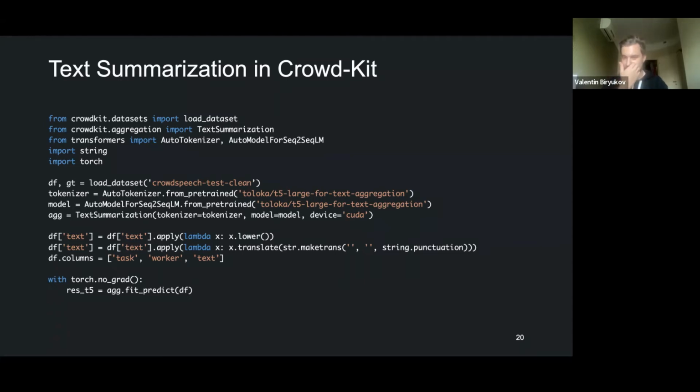For instance, this is the code for text aggregation using the T5 model on the CrowdSpeech dataset. It's a crowdsourced dataset with transcription information in several languages. We aggregate this data just by applying the T5 transformation, and use this model for aggregating several answers.